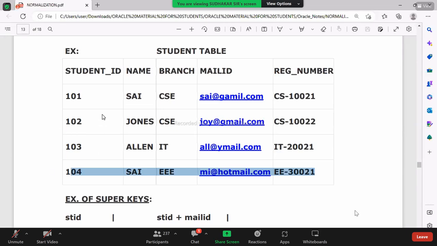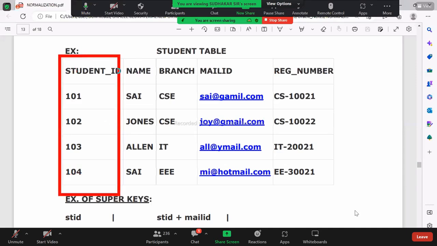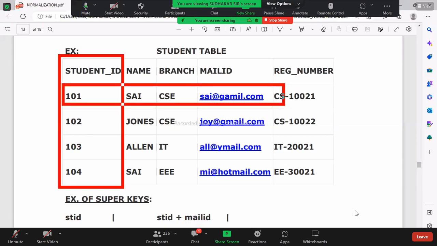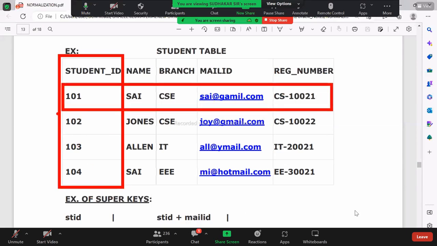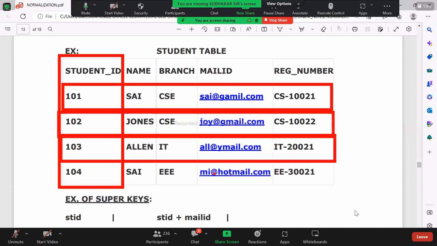Let me come out and see first of all. This is the student ID column. Once you check the student ID column, do you have any duplicates? No. So that means each and every row is identified with a unique number. Is it correct?